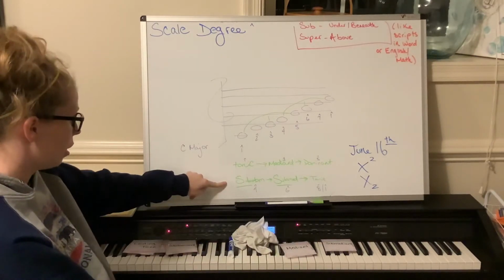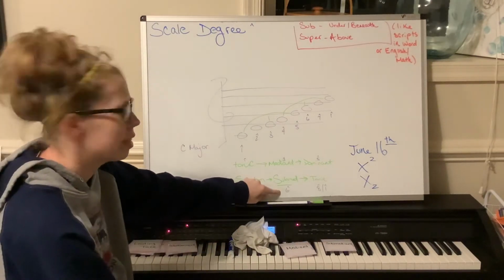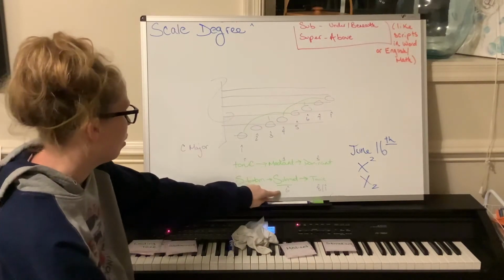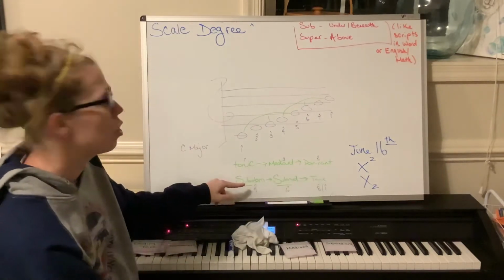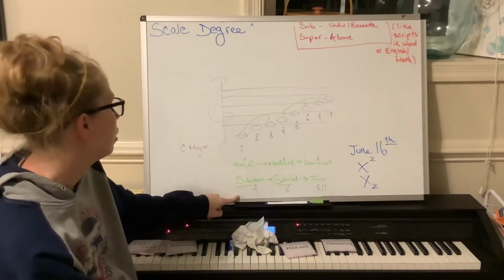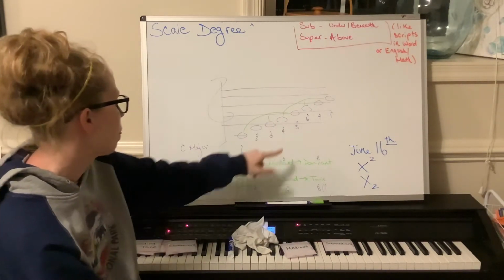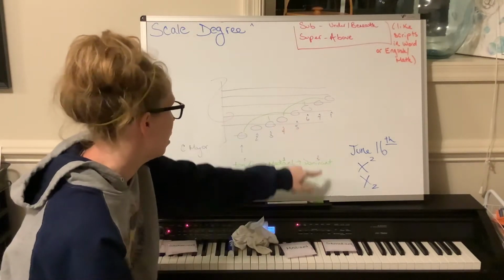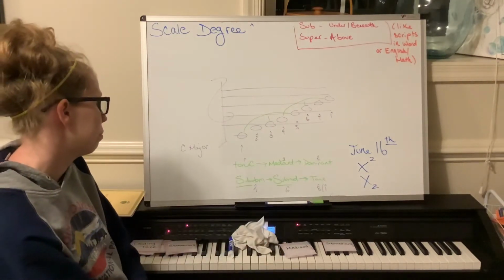And then the submediant. What is that in the middle of? If it's going to follow the same pattern, instead of 1, 3, 5, it's going to go subdominant, 4, submediant, 6, and then back around to tonic.